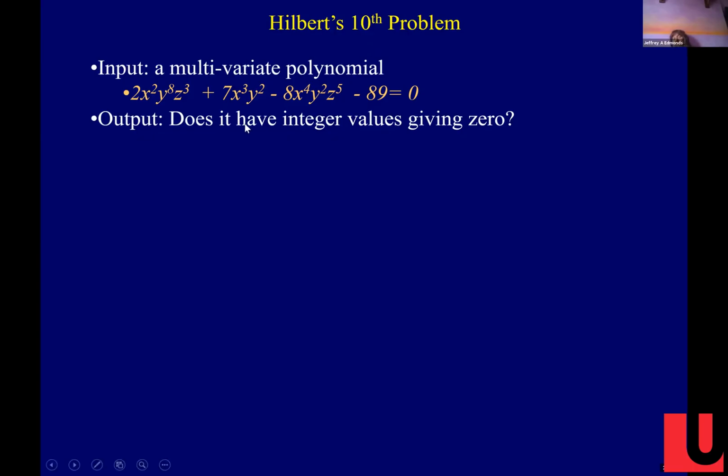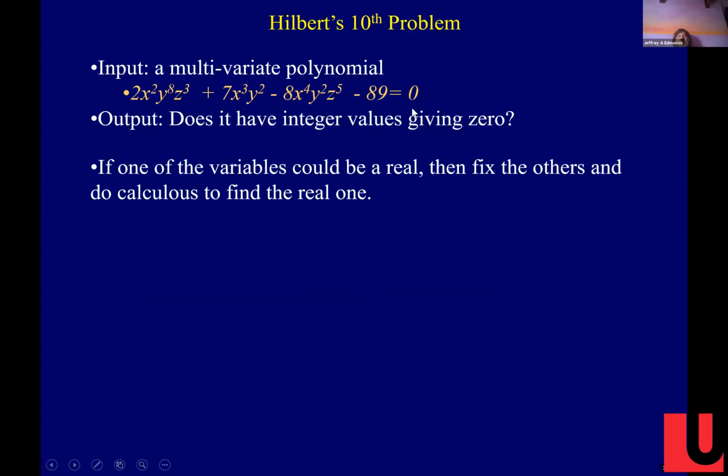In fact, if you found any solution that had a positive number and any solution that had a negative number, then there has to be a solution in between. But we're asking, are there integer values for which this gives me 0?